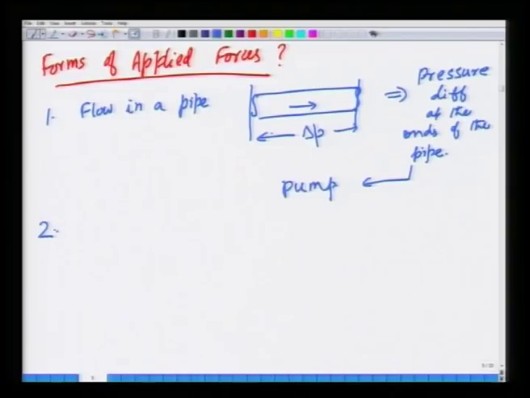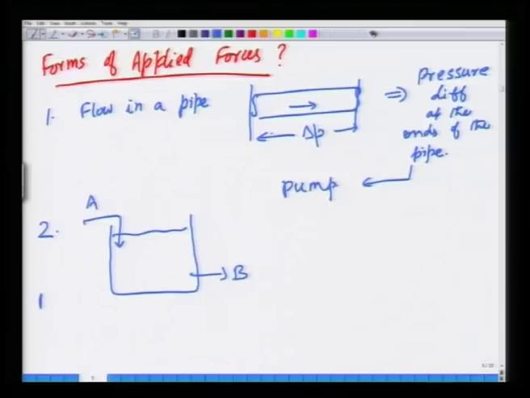Another way in which fluid flow is typically driven: for example, you may have a reactor in which you have a liquid reactant and you want to mix this. So, you may have reactant coming in and then maybe product going out, it is a reactor. In this case, you want to mix the 2 streams, maybe you have A plus some other stream C coming in.